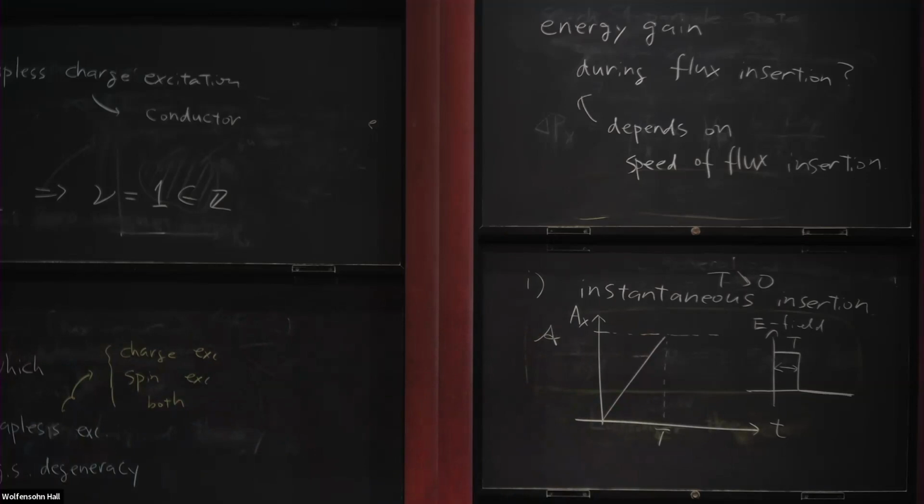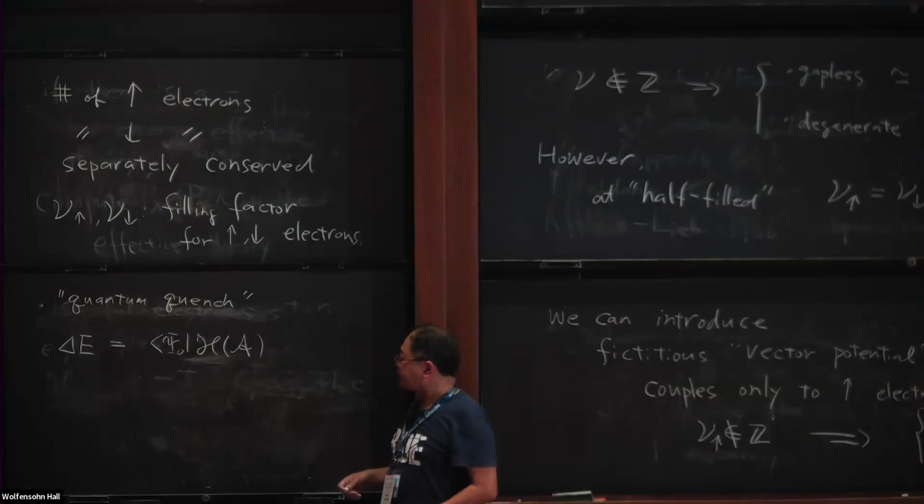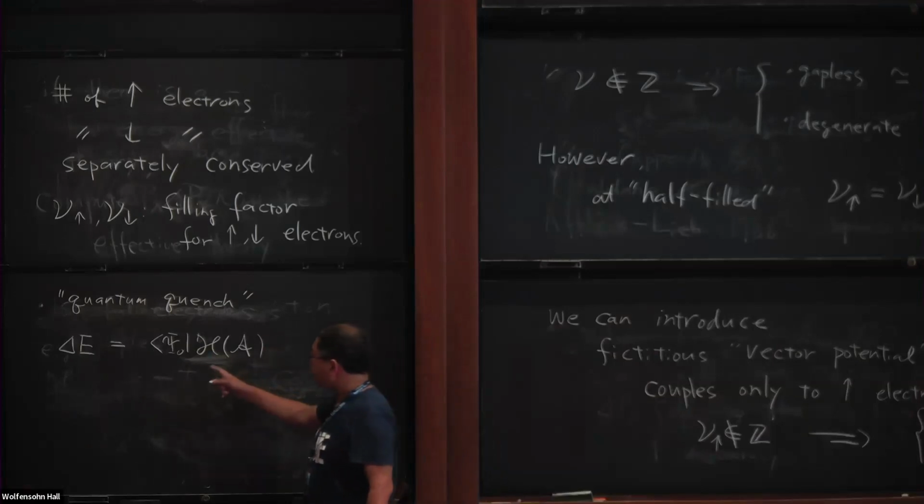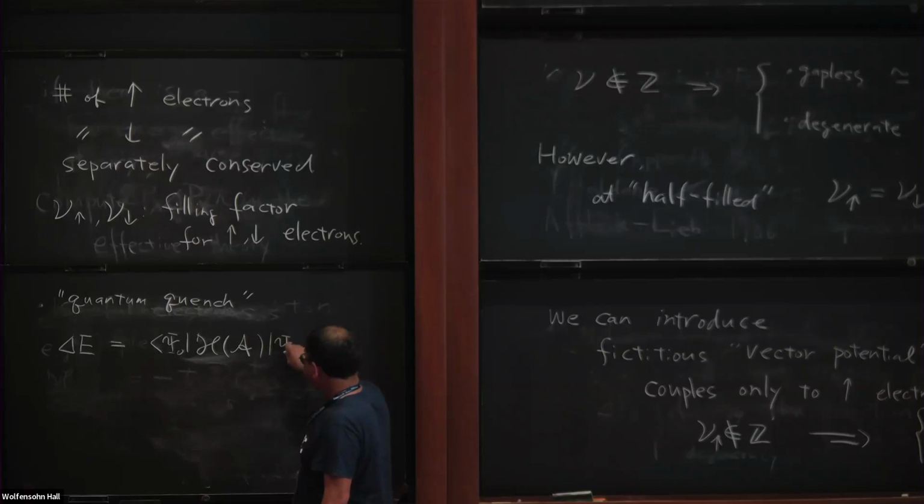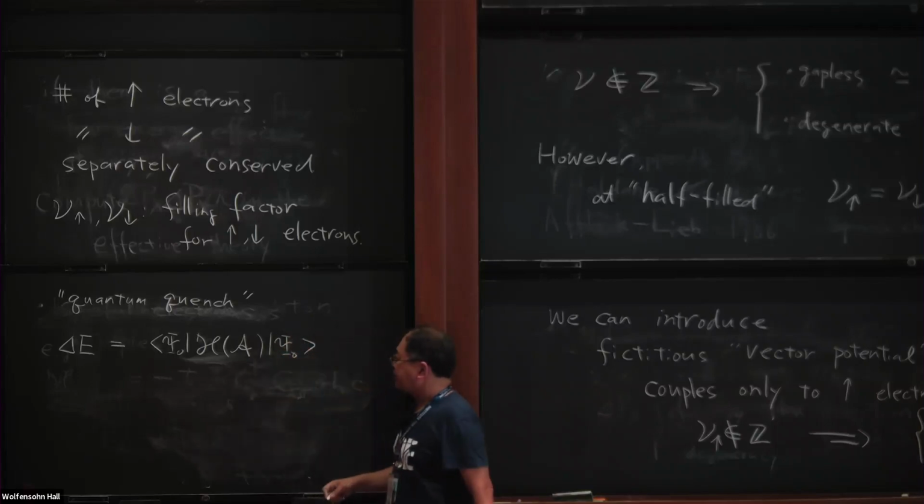Then in case of quantum quench, the wave function cannot follow the evolution of the Hamiltonian because there is no time. So the energy expectation value after the insertion of the flux is just given by the expectation value of the new Hamiltonian, including the vector potential, with respect to the same original ground state.